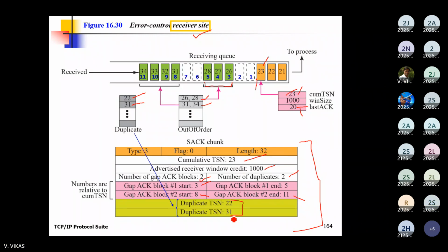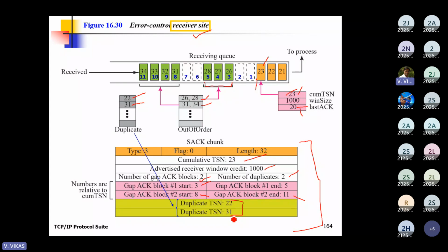Yes, sir. Okay, so basically, we will be having receiver queue and these parameters: out of order queue, duplicate queue. In duplicate queue, we will be writing the number of the corresponding chunk which we have received multiple times. So 22 and 31, if you observe from the data provided here, they have been received multiple times.